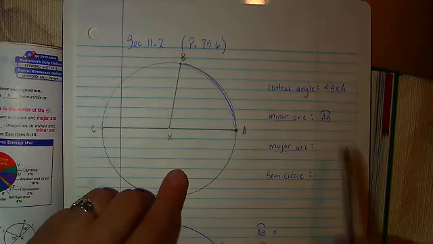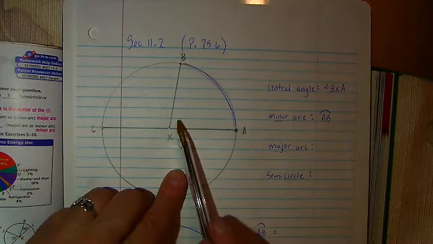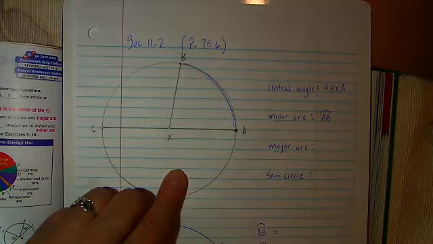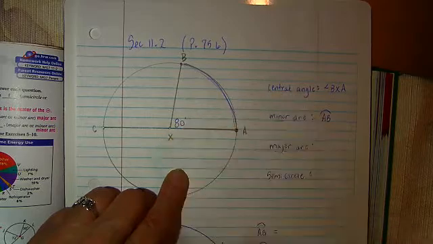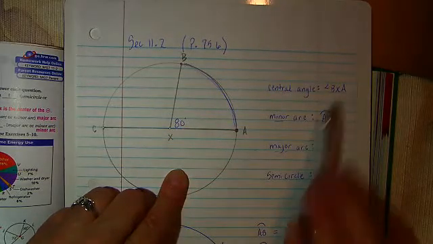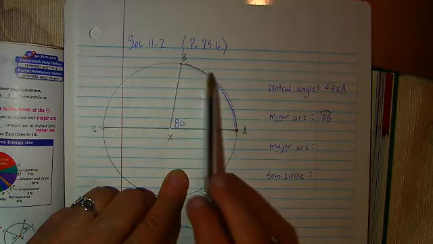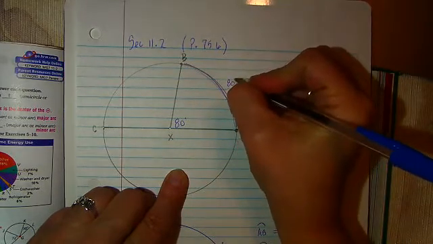All right. The measure of the minor arc is always going to be the same as the measure of the central angle that formed the arc. All right, so let's say, for example, if I told you my central angle, angle BXA, was 80 degrees, that means my arc measurement in degrees would be 80 degrees as well.